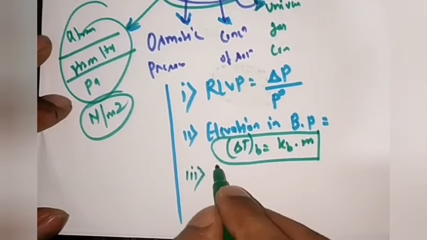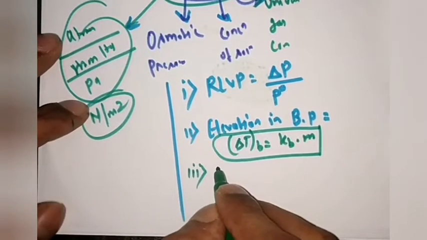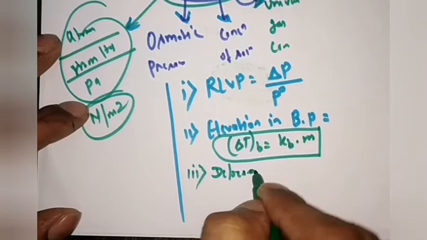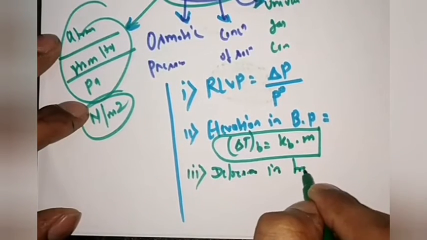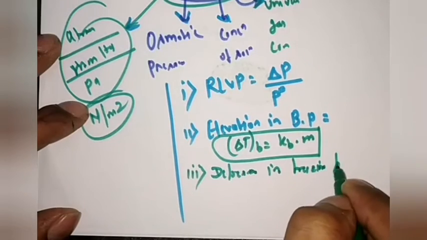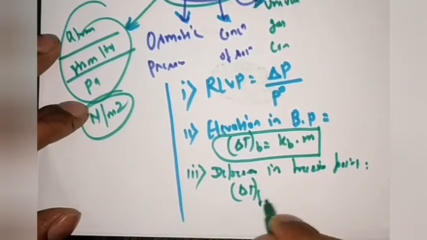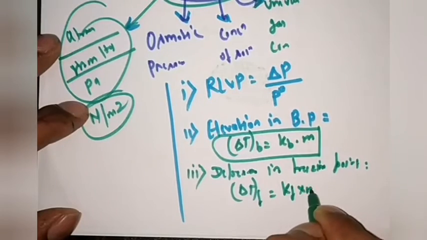The third is depression in freezing point, and the formula is delta T F equals Kf into m, molality.